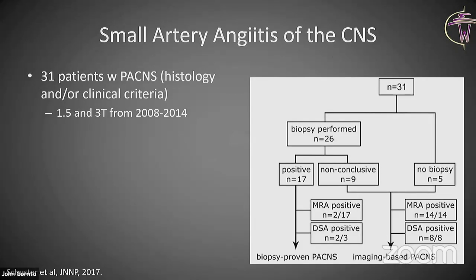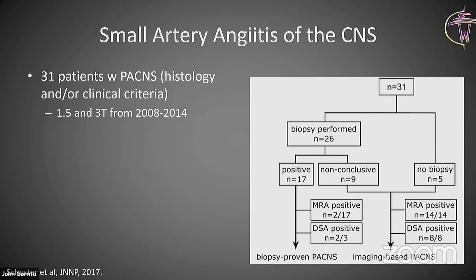Here's another study that doesn't necessarily agree with what I just said. They looked at 31 patients with primary angiitis of the CNS with either histologic or clinical criteria. In this paper, they really didn't describe their imaging method. They just said they did scans over the span of 6 years, and I'd be very surprised if all of these were vessel wall imaging. I'd assume most were just MR studies, at different field strengths, 1.5 and 3T.